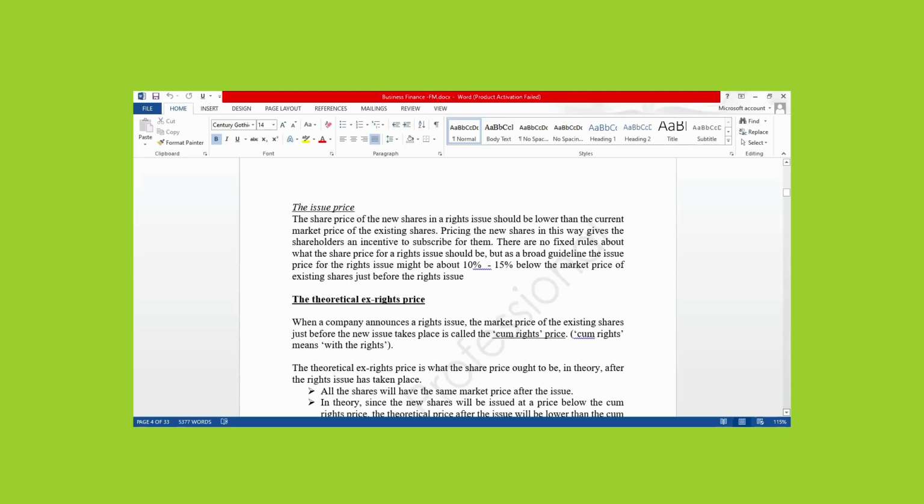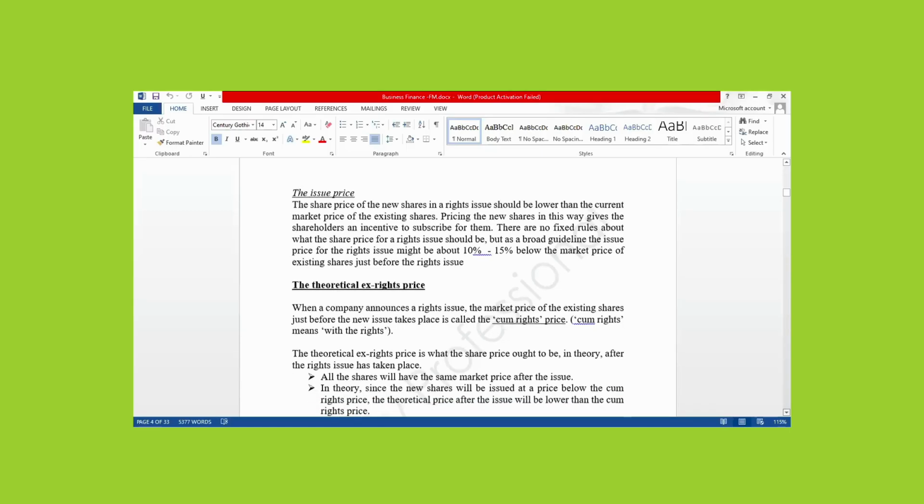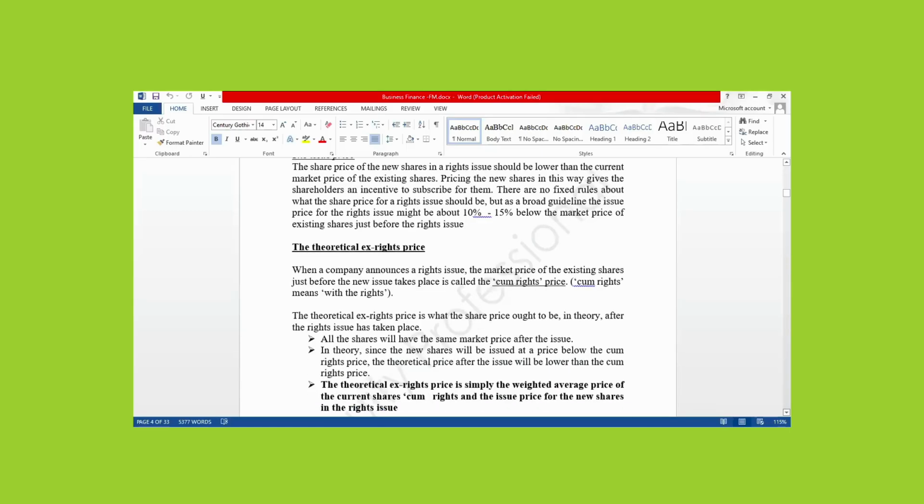Now we explain theoretical ex-rights price. We said theoretical ex-rights price is the expected share price, or the estimated share price, after the completion of the rights issue.